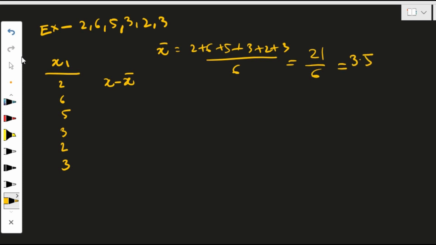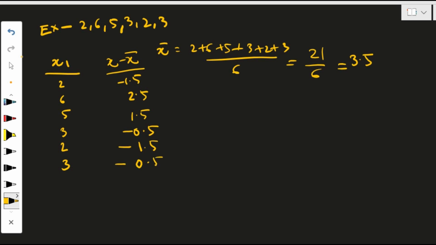Okay, so the differences here: 2 minus 3.5 will become minus 1.5, then 2.5, then 1.5, then minus 0.5, minus 1.5, and then minus 0.5.